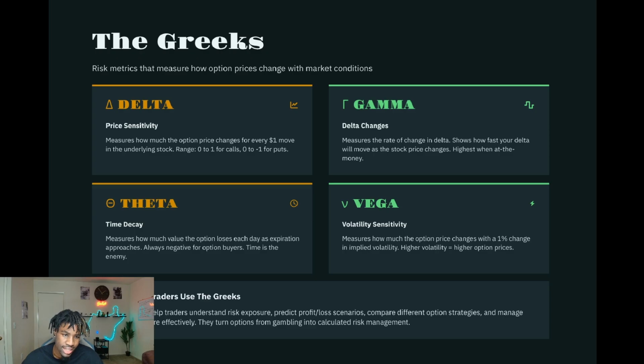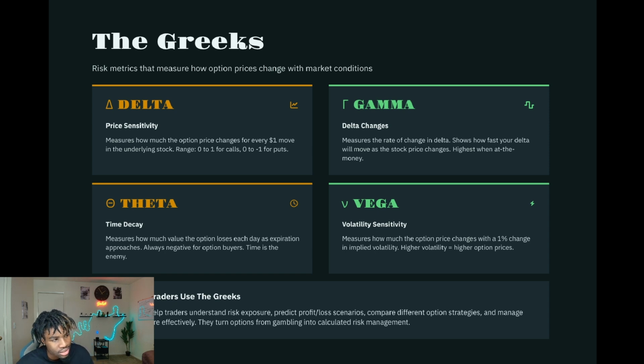So first is delta. This is price sensitivity. Delta measures how much an option price is going to change for every $1 move in the underlying stock. It ranges from 0 to 1 for calls and 0 to -1 for puts. Typically your delta would be 0.43, 0.50, sometimes 0.70, depending on what asset and whether you're buying in the money or out of the money contracts.